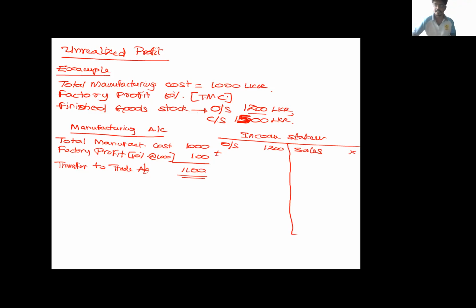this one. What goes to the trading account from production is not purchasing. Manufacturing cost 1,100. I got this one. Okay. Then minus closing stock has been given 1,500.